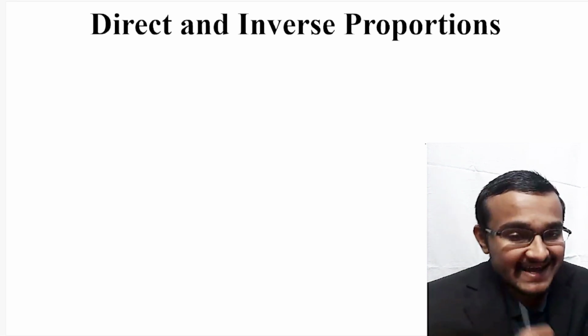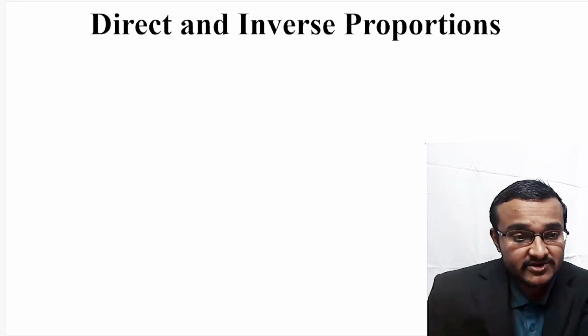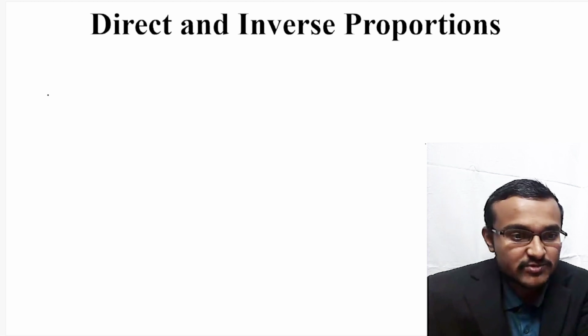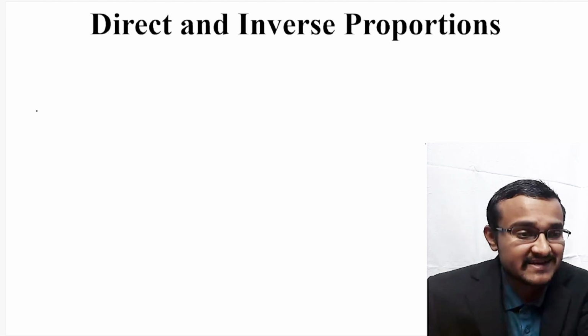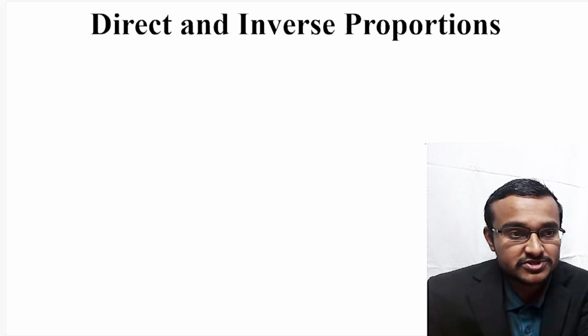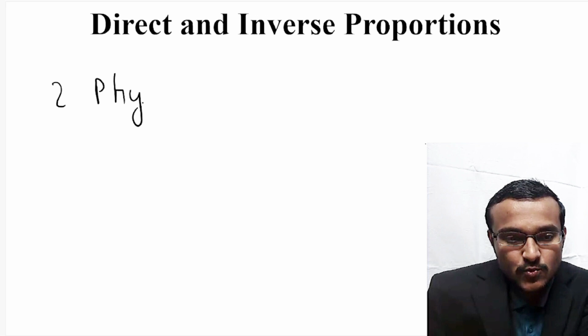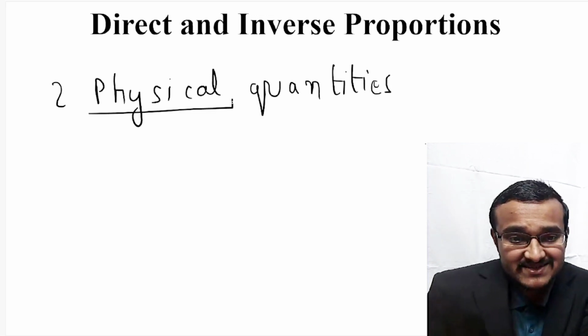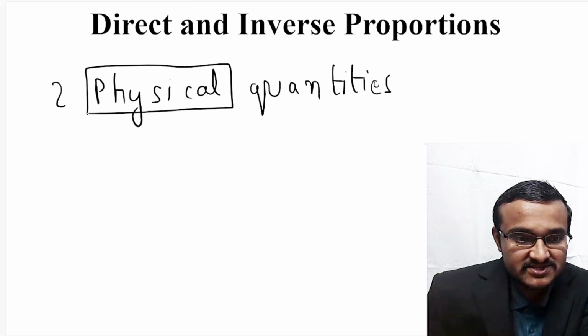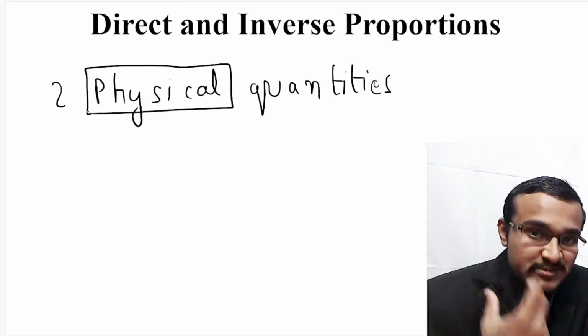So coming to the direct proportions in this particular video, what do you mean by direct proportions? Let me take an example and then make you understand what is direct proportions. Let's suppose there are two physical quantities. What do you mean by a physical quantity? Physical quantities, as the name itself suggests, are whichever you can experience.